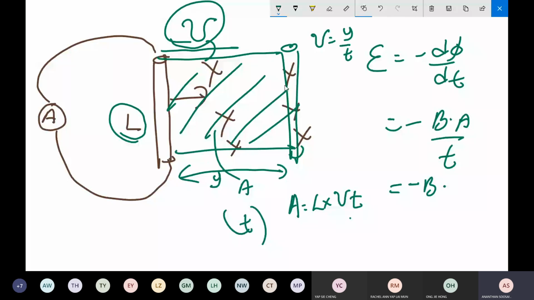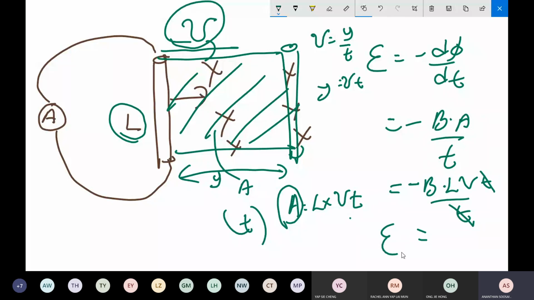Distance is the horizontal distance Y. So Y is actually V times T. So L times V times T will be the area. Here we put LVT over T, cancel the T. So the EMF induced is actually BLV. Cambridge normally ignores the negative, so it's BLV.